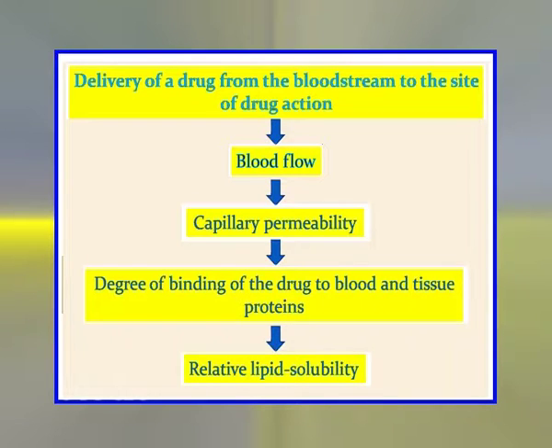The delivery of a drug from the bloodstream to the site of drug action primarily depends on blood flow, capillary permeability, the degree of binding of the drug to blood and tissue proteins and the relative lipid solubility.